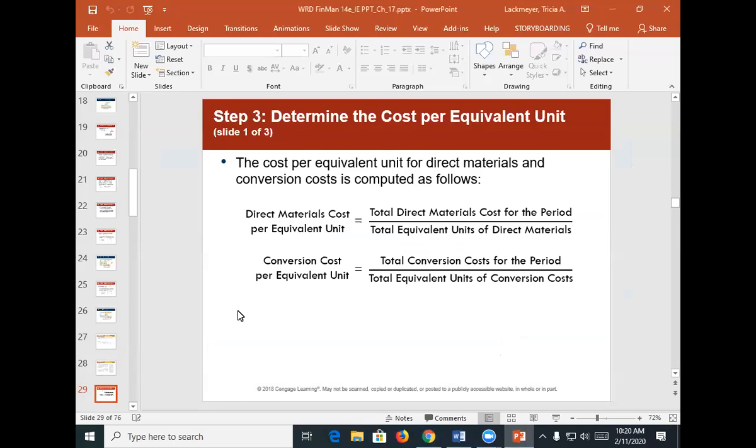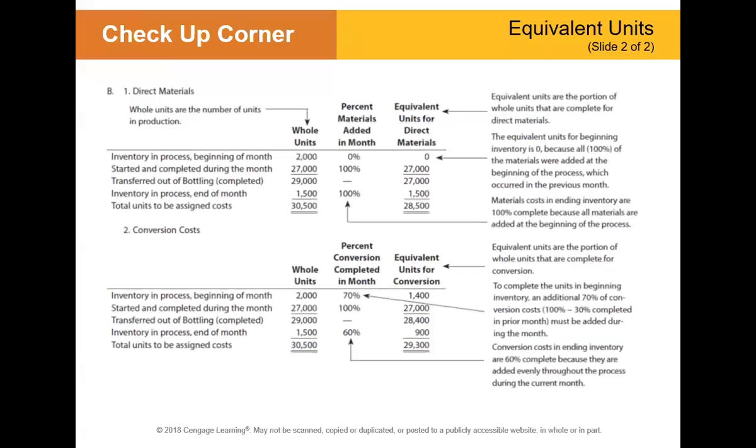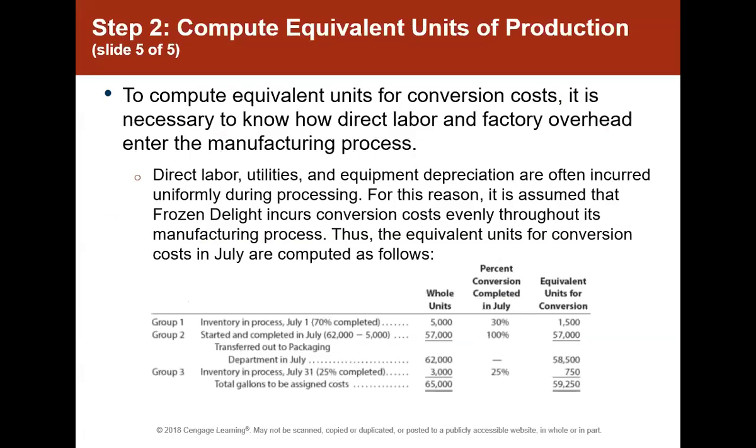Okay, let's get back to the PowerPoint and get back to our cost of production. We moved around a little bit, but in our last slide, before we stopped, we had done our equivalent units of production.